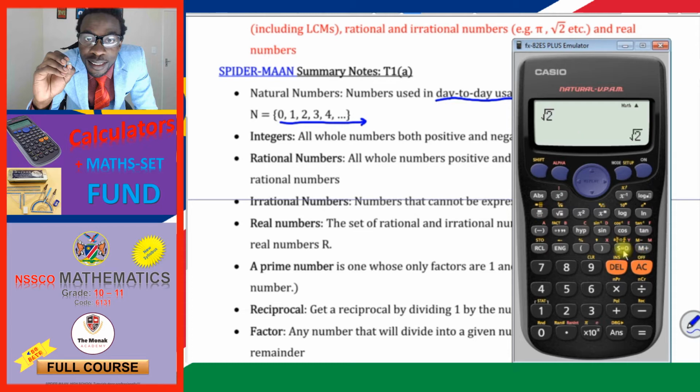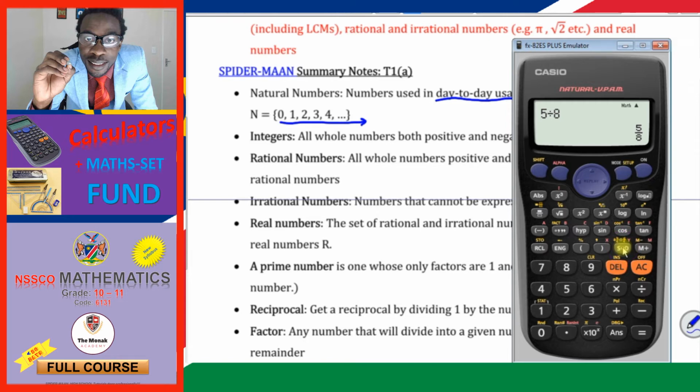Now, that is different from, say, a number like 5 divided by 8. Okay, if you do like that, it's a normal number and it's expressed as a fraction like that.